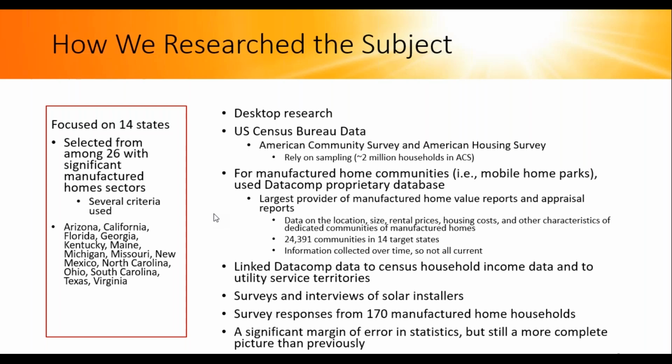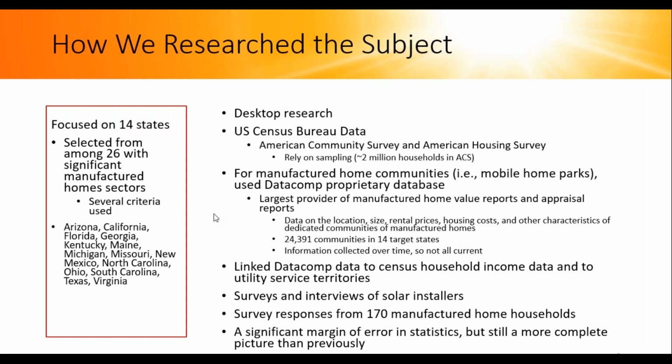data and research information. Now, I have to acknowledge all the data sources have some margin of error. So our statistics are never going to be exact to a high degree of precision, but they still give a more complete picture than previously, and the directional results are clear.